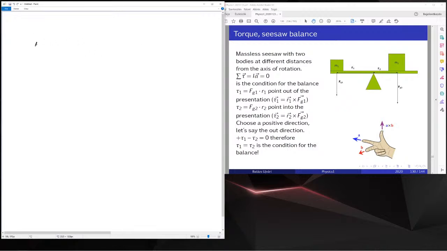Let's solve it again. So we have a seesaw. Sorry, my smart board doesn't work, so I have to draw in Paint. Let's put one box here and another box, for example, here.